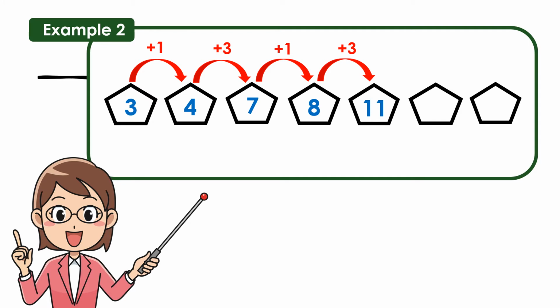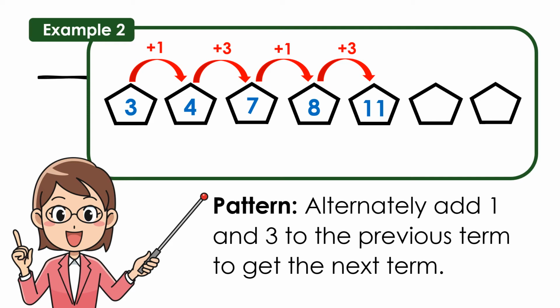Now, does it have a pattern? Yes, it does. The pattern is alternately add 1 and 3 to the previous term to get the next term. Now, can you guess the next 2 terms?